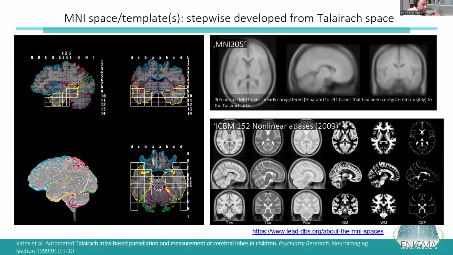So there is a history in these templates and sometimes also a certain circularity, because defined populations were used to create a template, and as soon as you reuse these templates, you inherit a certain part of the information. There's a very nice web page that explains the development of these atlas spaces.